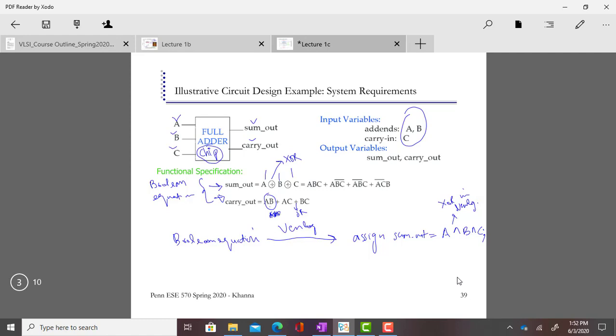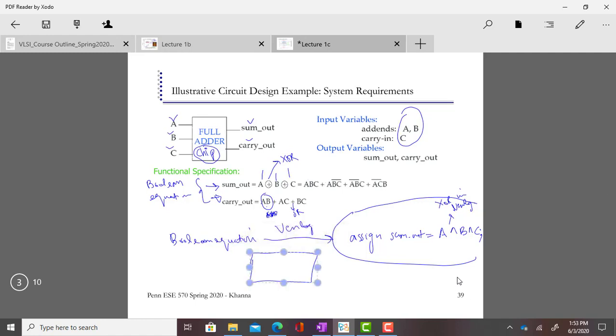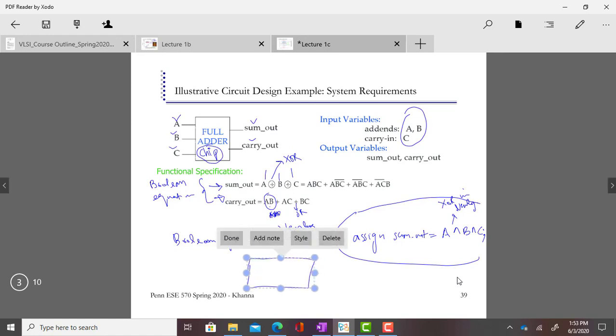So you write it in Verilog, and after you have the Verilog code, you input it to a synthesizer.